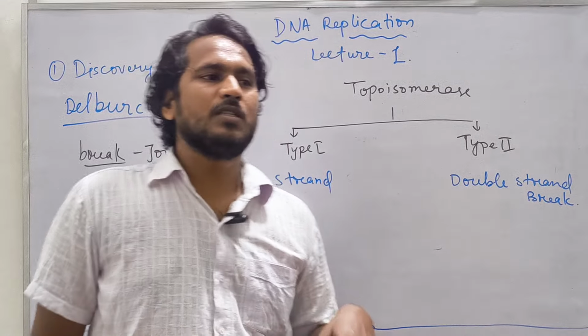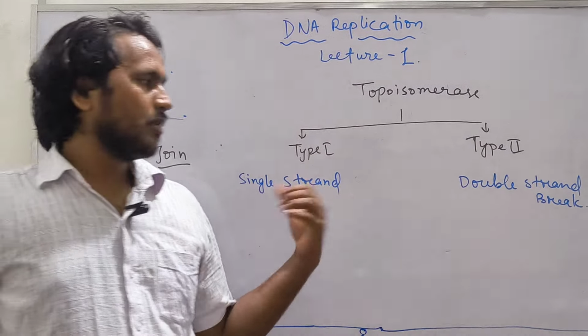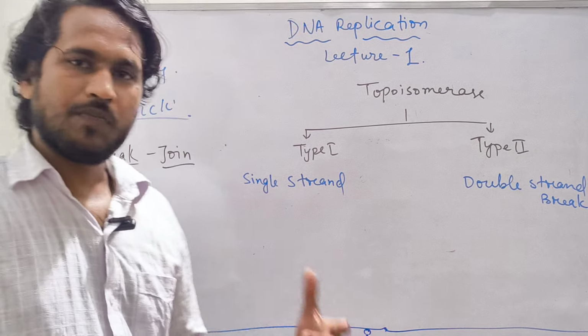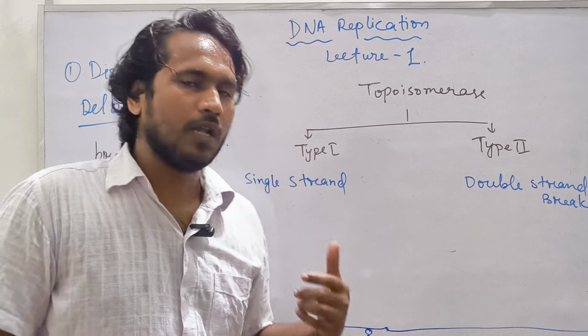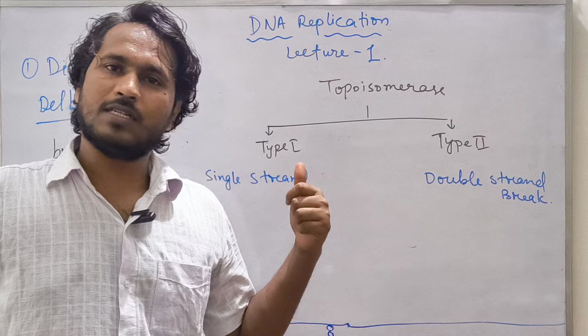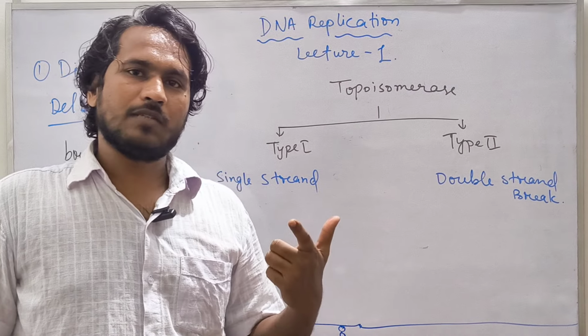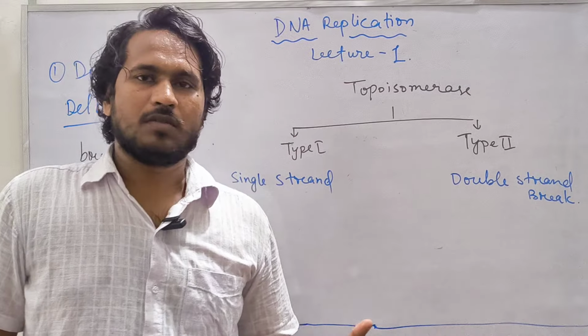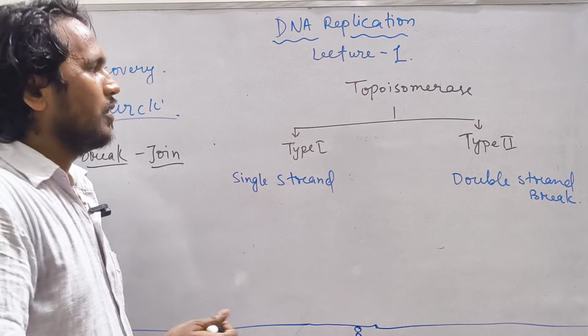So topoisomerase is involved in any of these cell cycle phases. Basically, I want to tell you that topoisomerase is involved in replication as well as transcription as well as damage repair. So it is involved in most of the processes.